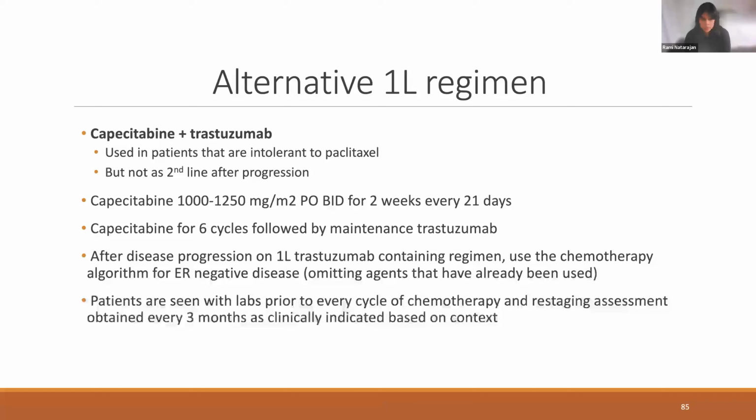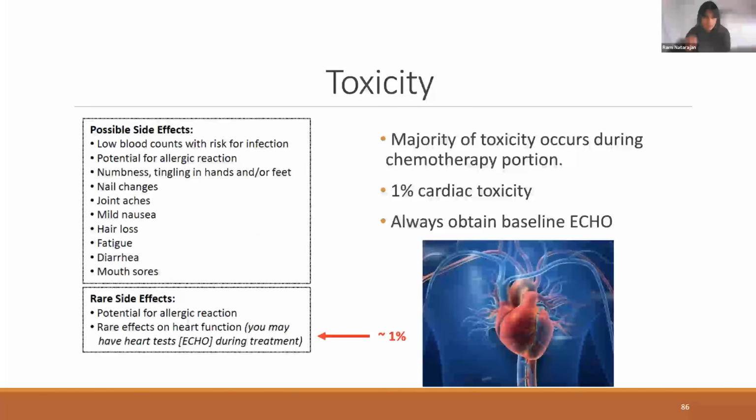Same as ER-positive metastatic breast cancer, patients are seen with labs prior to every cycle of chemotherapy, and then restaging assessment, either clinically or with imaging that's available, is done every 3 months. I know we talked about the toxicity of the TH regimen before, but most patients have toxicity during the chemotherapy portion and can tolerate the trastuzumab fairly well.